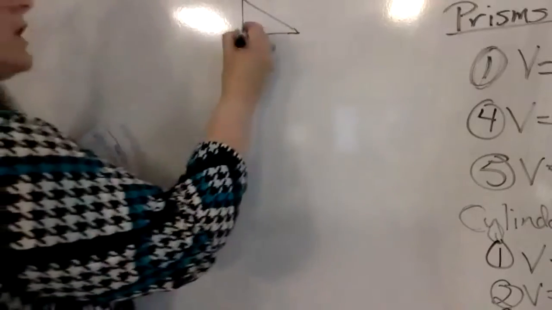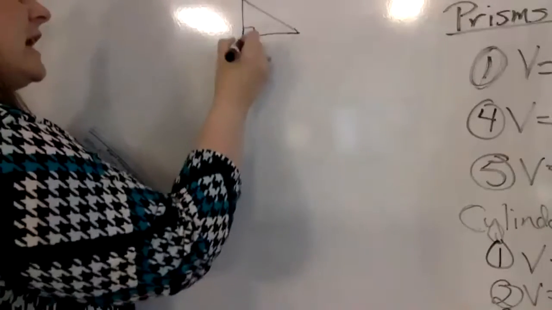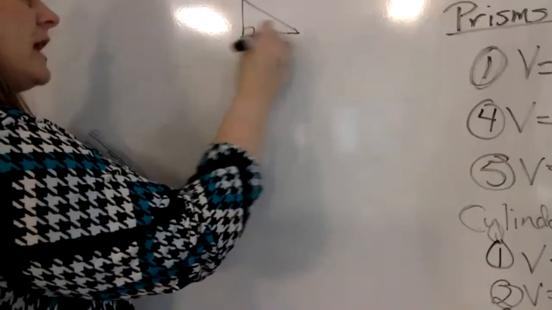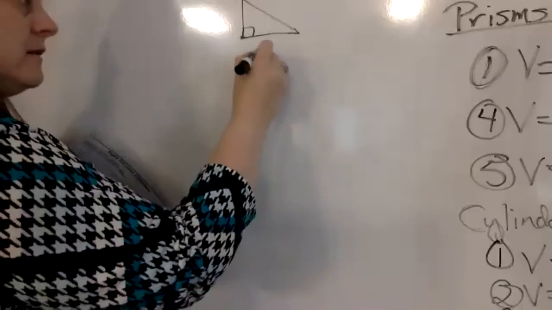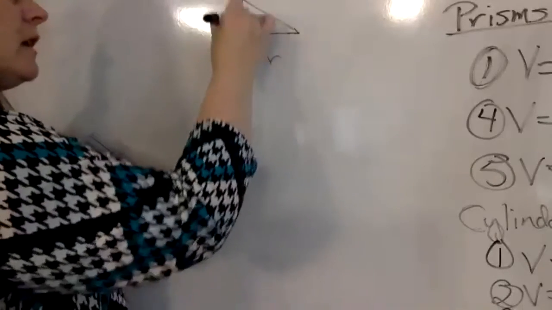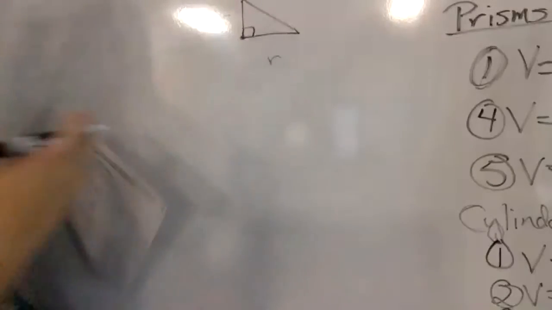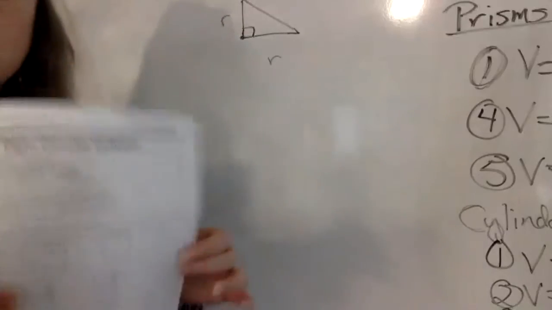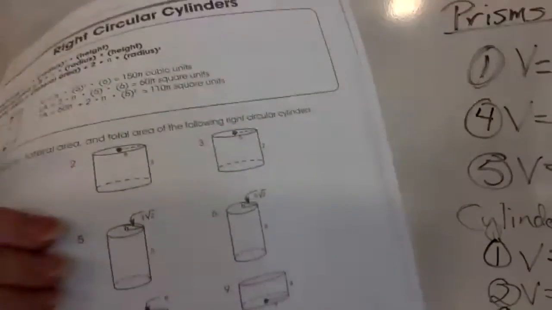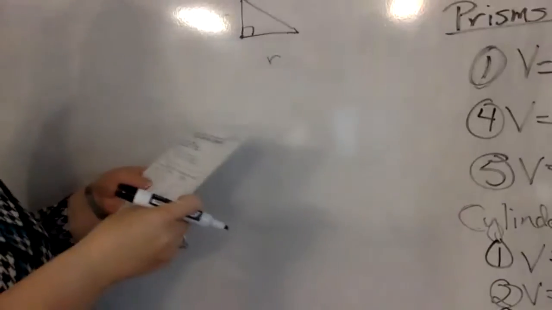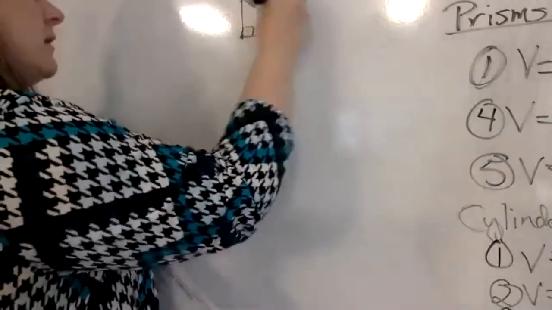But what you have to understand is from this point right here out is a radius. From this point here to the other side is also a radius. They don't look the same length the way they're drawn because it's a three-dimensional thing. And then it showed you this side was 3 square root of 2.